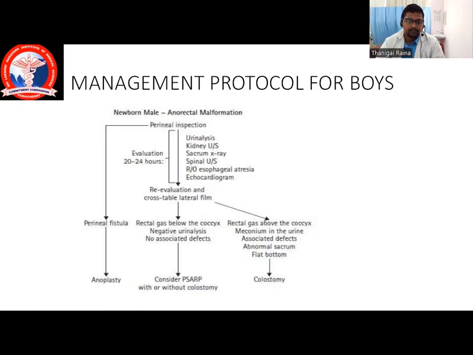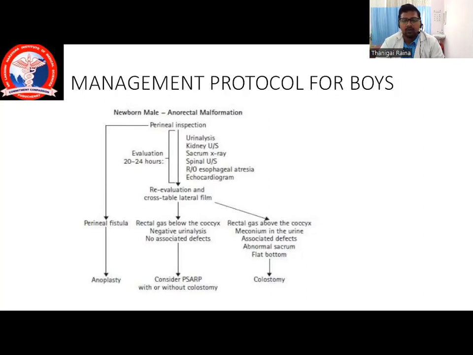If you are not sure enough to diagnose, order investigations: urine analysis, kidney ultrasound, sacrum and spinal ultrasound, evaluation for esophageal atresia, and echocardiogram. All these investigations, then after 20 to 24 hours re-evaluation on cross-table lateral film. Look for rectal gas above, meconium in the urine, and associated defects.